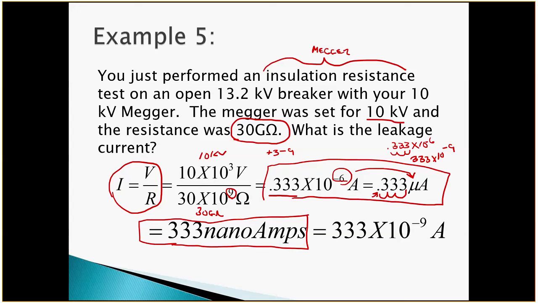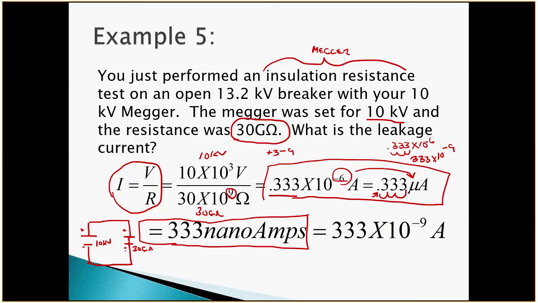So you should have a basic understanding of Ohm's law, the kinds of questions that could be asked with Ohm's law, and how it actually applies in this circuit. And in this circuit, basically what I've got is a 10,000 volt battery, plus and minus, and I'm going through this open contact in the breaker that has some resistance there, and that resistance was 30 gigaohms.